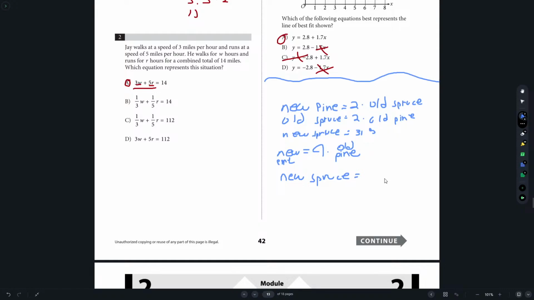Well, the new spruce is just the old spruce plus however much time has passed. Because of the amount of time passed, new spruce and new pine are also equal to t, the time passed since then.